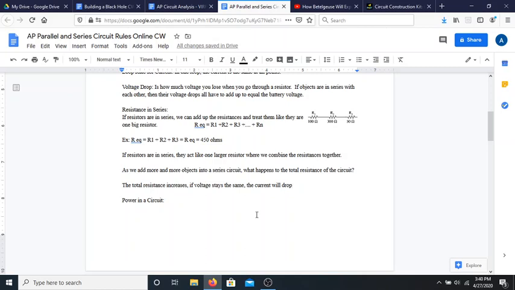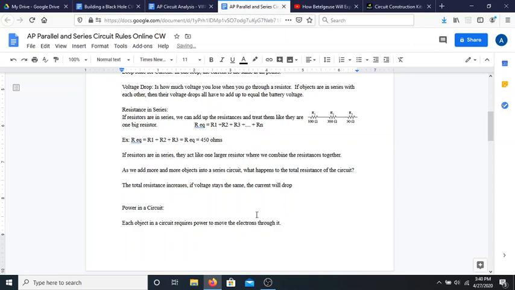Now, for a circuit, any object that an electron is moving through requires power to move that electron through it. So each object in a circuit requires power to move the electrons through it.